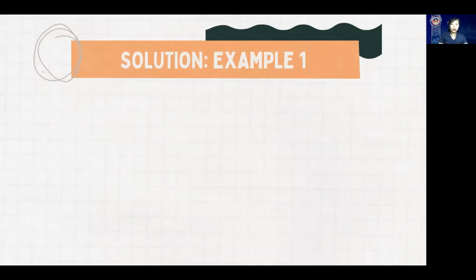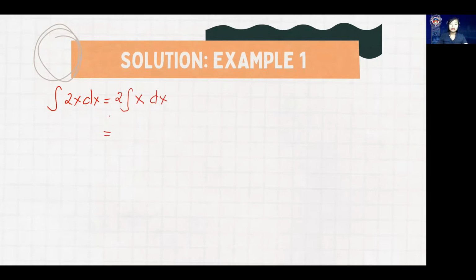Applying the constant multiple rule, we're going to separate the coefficient. So we have 2 integral of x dx.